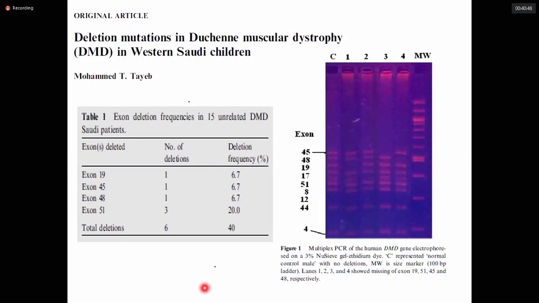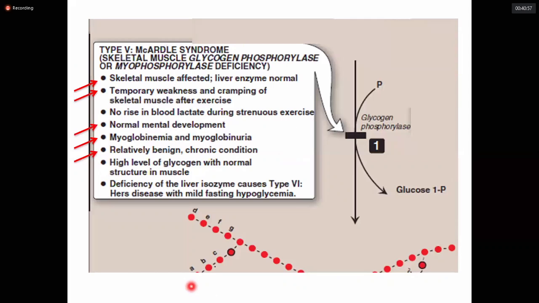Okay, so you could make a paper from just a case that you could find that is related to certain genetic disorders that we discussed in our course, for example. Now we talk about some glycogen disorders that are related to muscle function, when the muscles are affected. For example, we have what's called McArdle disease. It's a glycogen storage disease that is related to glycogen phosphorylase deficiency.